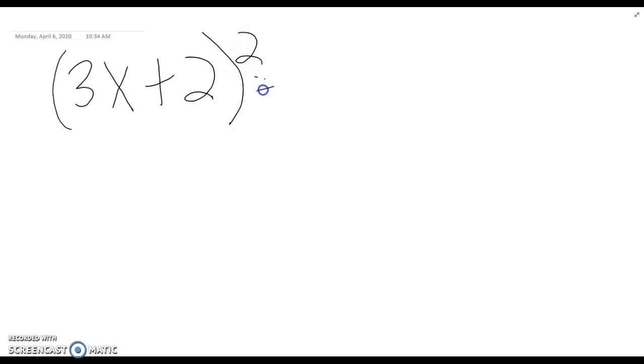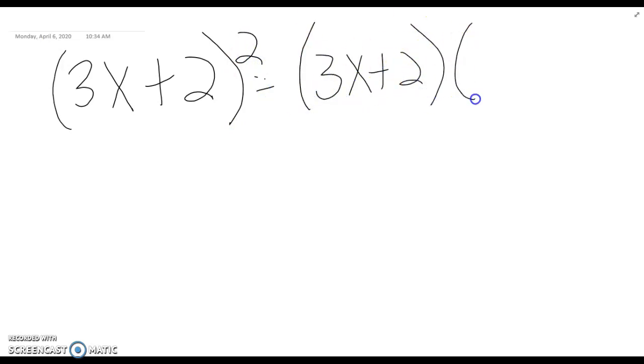The one thing that I want you to realize is we've done those where the coefficient in front of x wasn't a number, which means it's 1. But if I had something like 3x plus 2, and I wanted to square it, keep in mind if we are doing FOIL, I'm just showing you because I know a lot of you aren't grasping this, and that's fine.